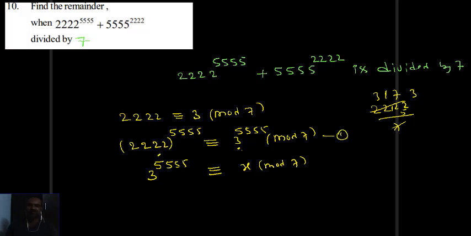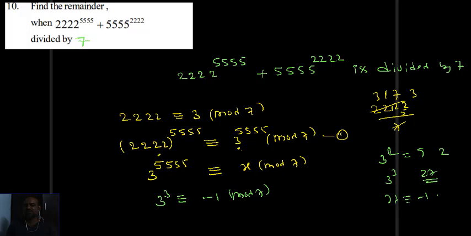Now I want to find a smaller power of 3 which when divided by 7 leaves remainder either 1 or minus 1. 3 power 1 is 3, 3 square is 9, remainder 2, 3 cube is 27. So minus 1 remainder, I can use that. 3 cube is congruent to minus 1 modulo 7. Observe, 3 cube is 27, 27 is congruent to minus 1 modulo 7, correct?